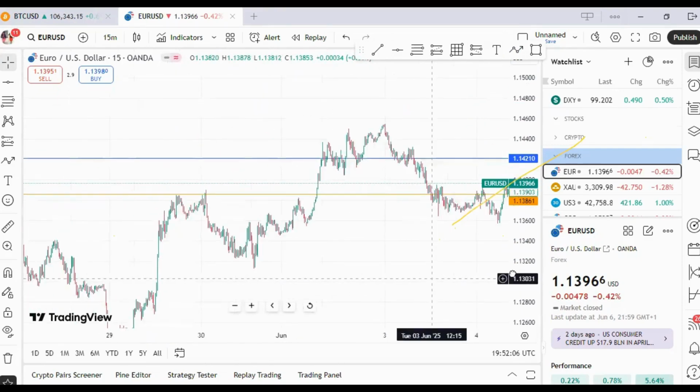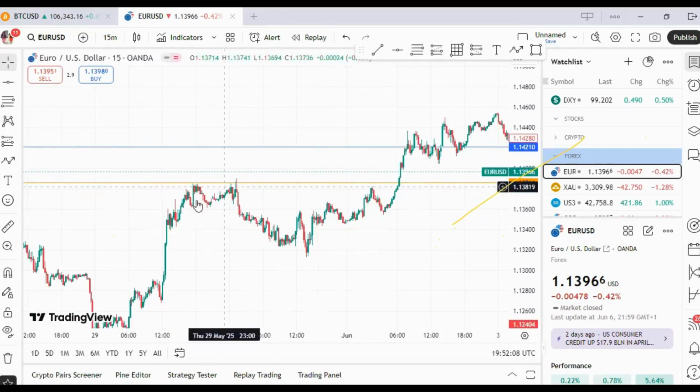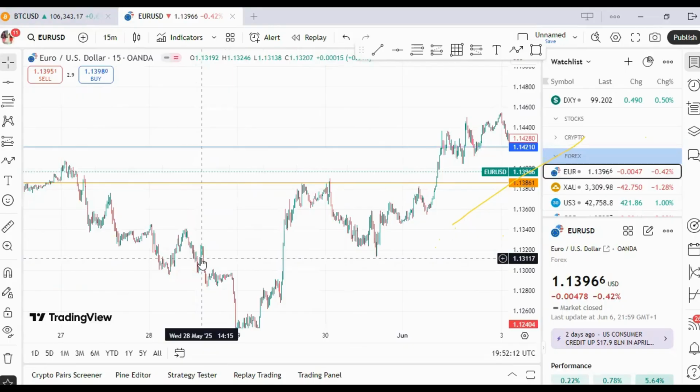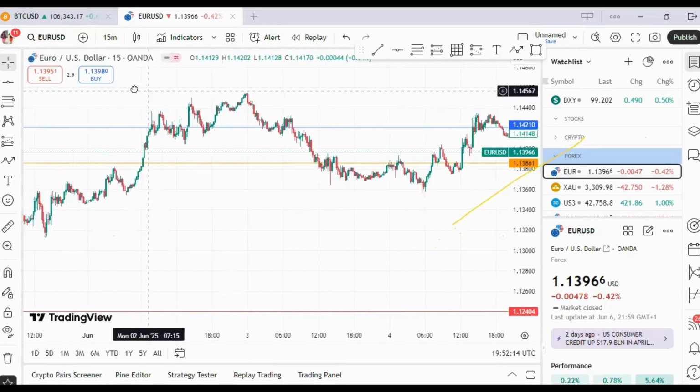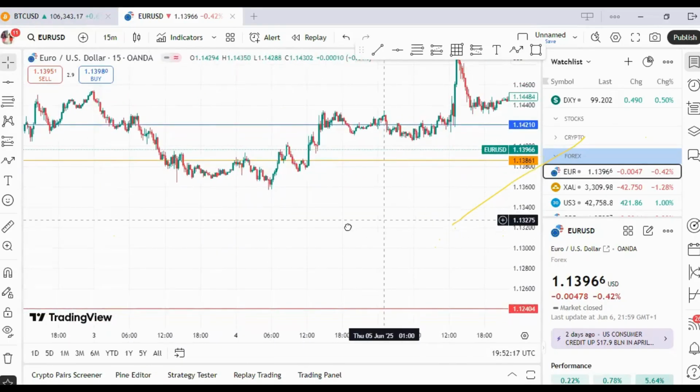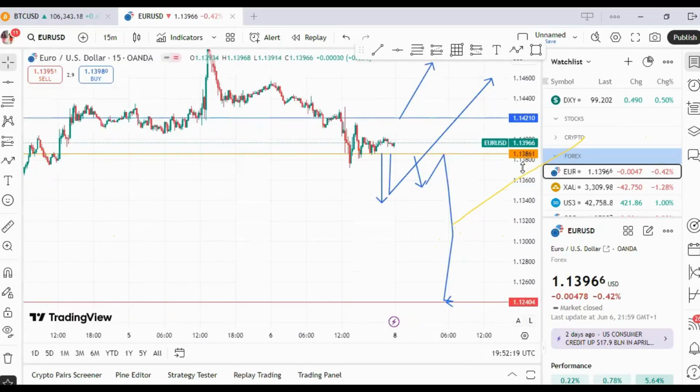Guys, see something here. Okay, this is a rejection pattern. Don't worry, I'm going to show you. There are two ways in which we trade support and resistance. Some people trade rejection, some people trade break and close. The break and close is the one I just showed you.